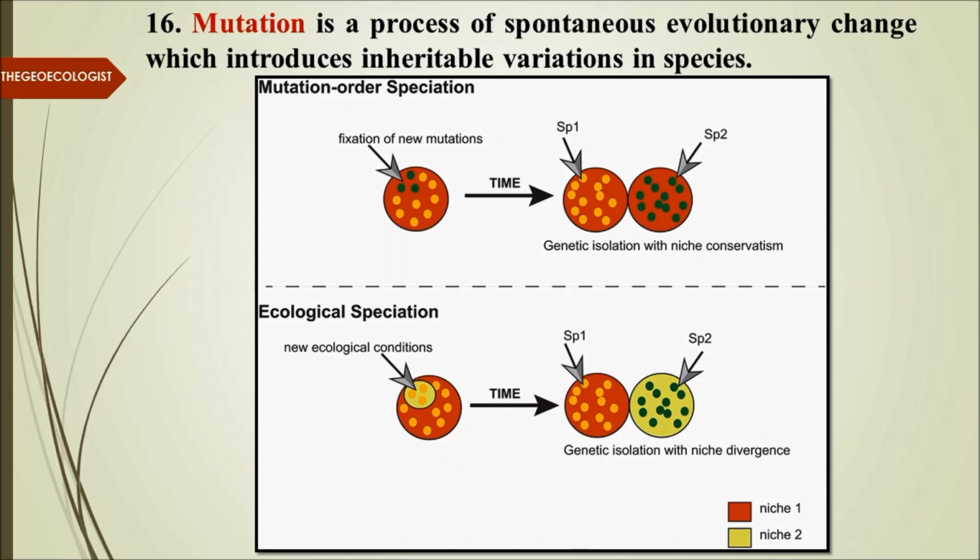It's basically engraved in every one of us. So with time, our genes are mutating because it's a gradual spontaneous evolutionary change. If mutation doesn't happen, evolution stops. So remember, mutation is the basic principle. Spontaneous evolutionary change is brought by this process called mutation.